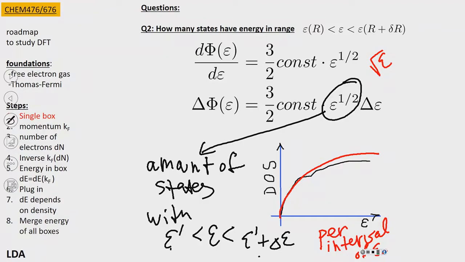So if energy increases, the amount of states with such energy also increases, but as power 1/2. In some sense, this is the density of states for electrons that do not feel any ions. So it's the density of states of electron gas.